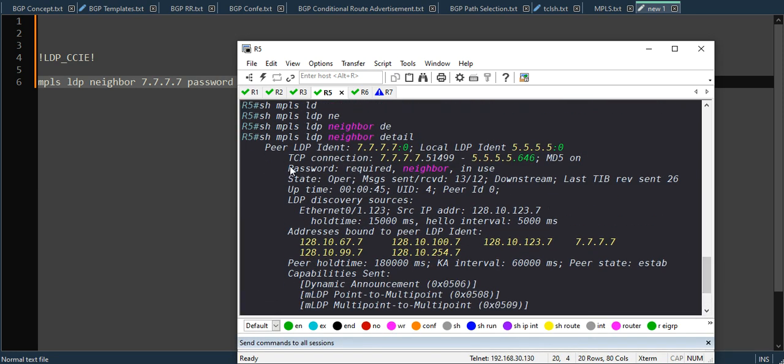And this is password required for MD5. MD5 is on and it is password required.